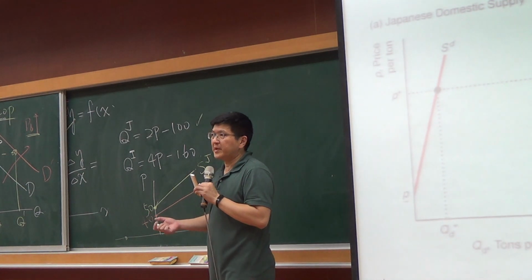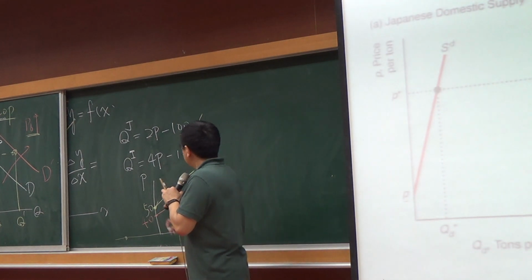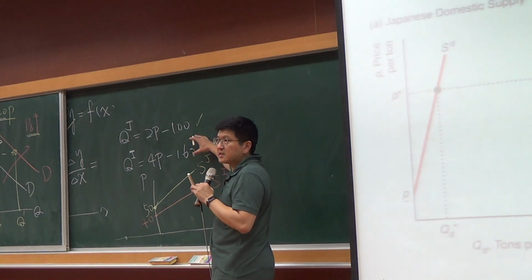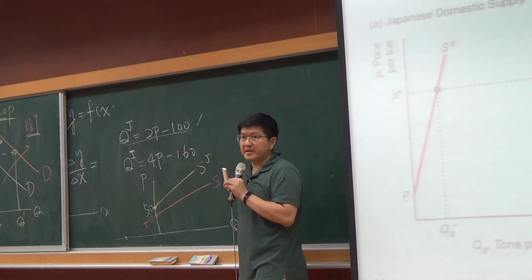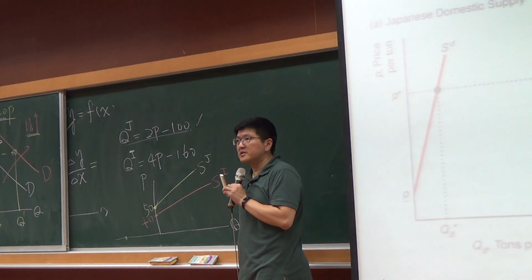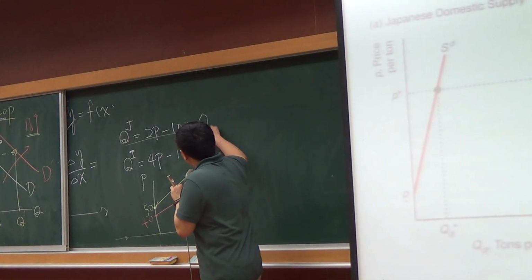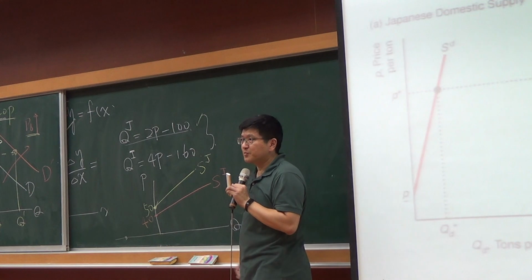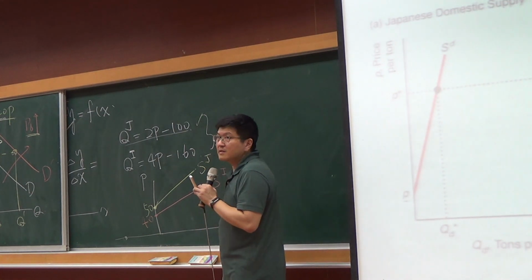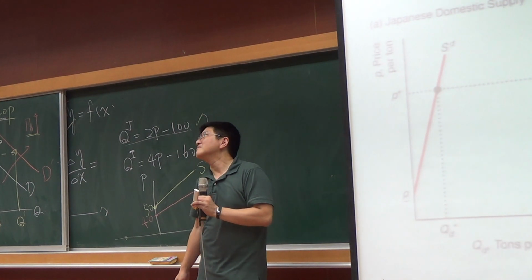Alright, now if there is a trade ban, the trade is not permitted, then there is no such thing, right? The total supply is composed of domestic supply only. But if there is free trade, then the total supply would be the sum of these two supplies. Now please take out the sheet to practice.